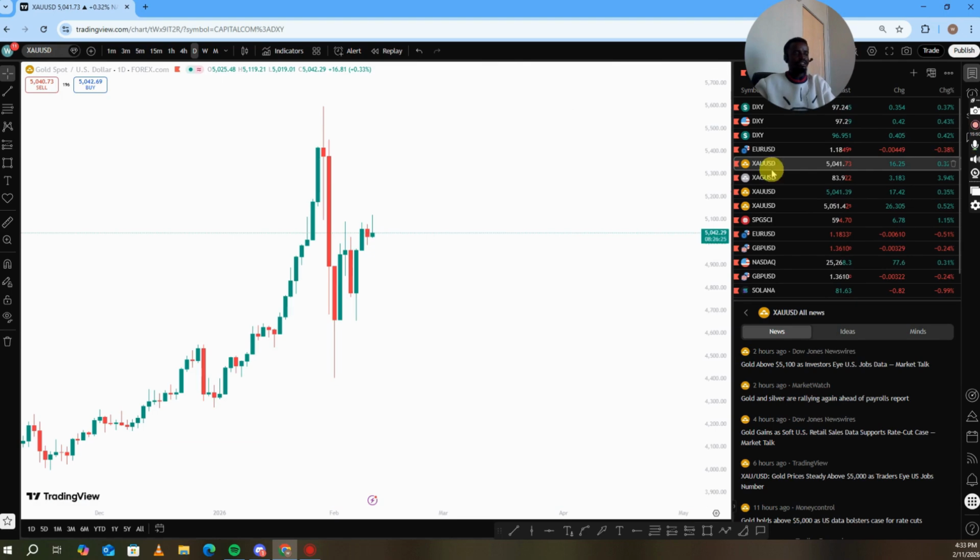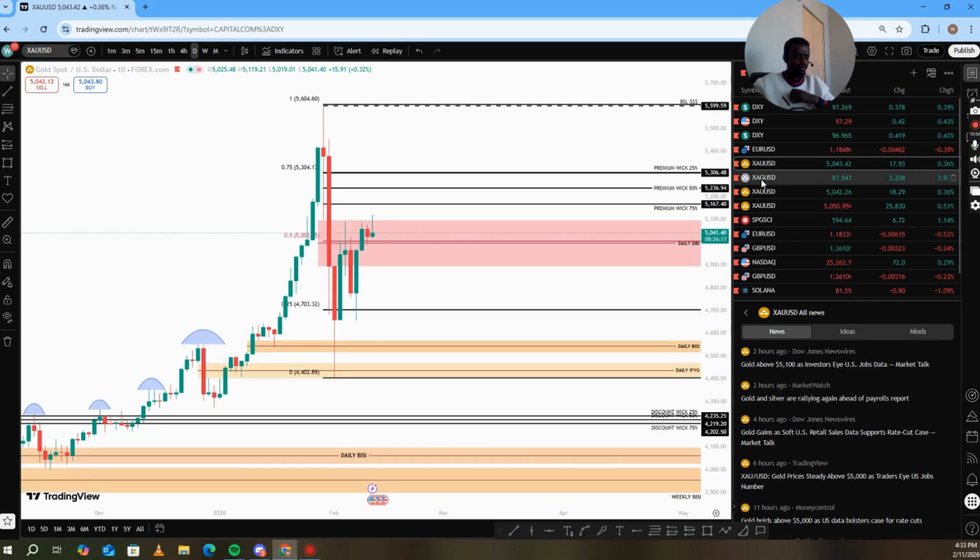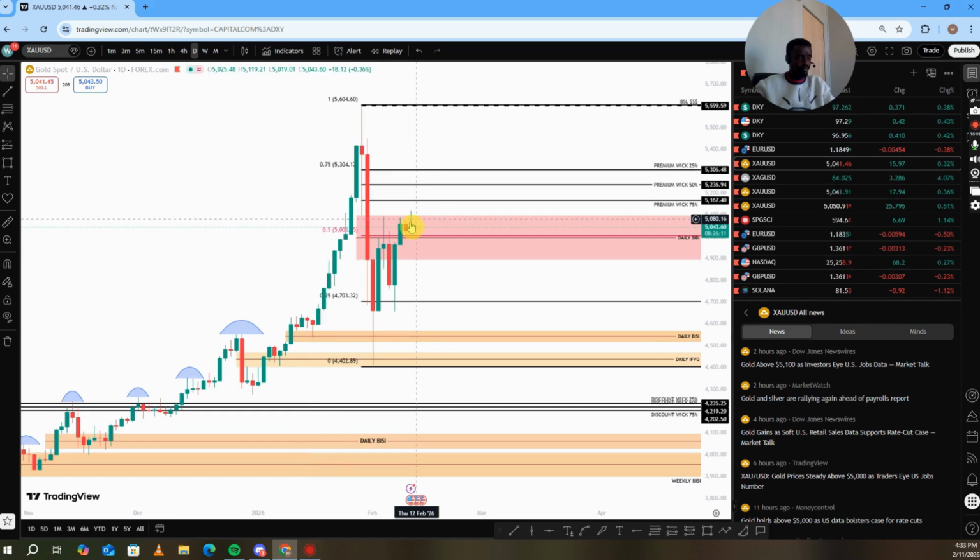So now what I'm going to do is sit on my hands and wait for price to do its thing. I'll wait to see whether we'll invert this level. I won't engage in any buys until I see this level inverted. Once that level has been inverted, that would be the go ahead for me, because inverting this level will do two things for me.